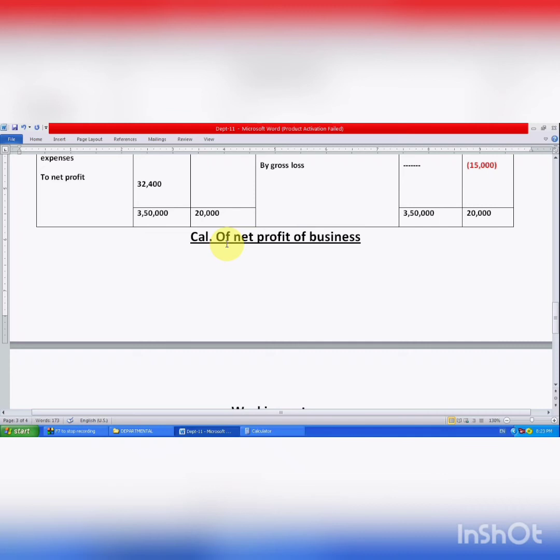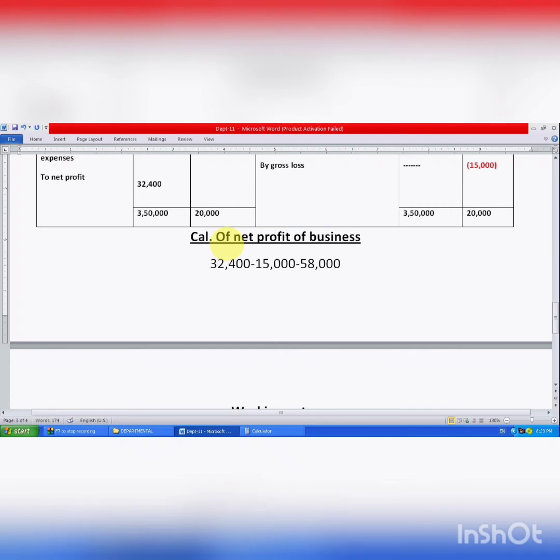Okay, so department A how much? 32,400 minus 15,000 gross loss, minus 58,000 general expenses.